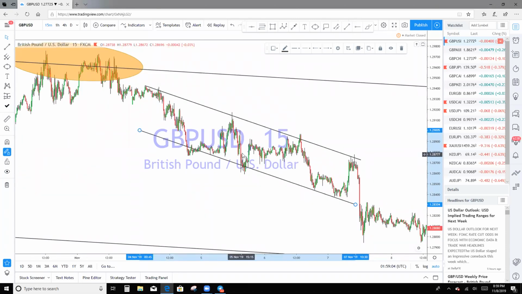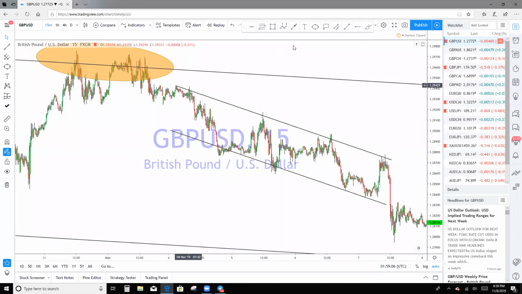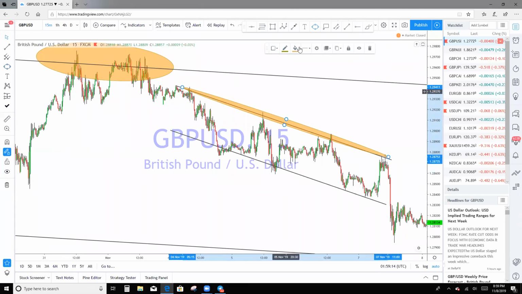Look at how here on this line was nothing but selling opportunities. The best selling opportunities were where? Point A here, point B here, point C here, and point D here. Look at how all those opportunities came right off this line.